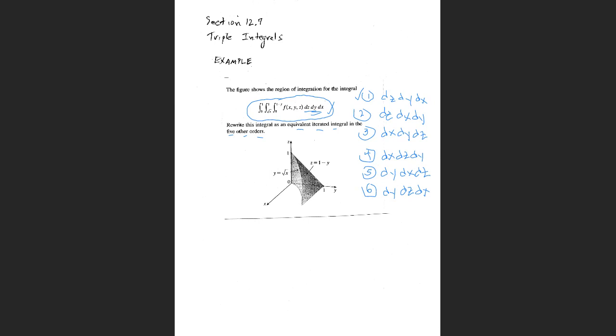And what I'm asking is, of these 5 remaining choices, which choice would be the easiest one to do? Choice 2, 3, 4, 5, or 6. And I'm going to give the answer in a moment here.